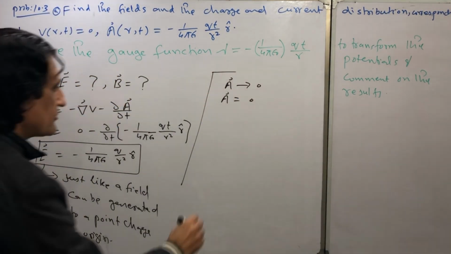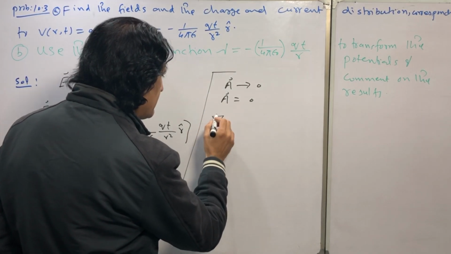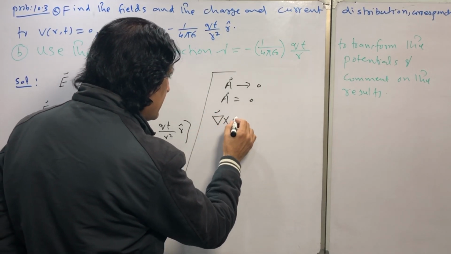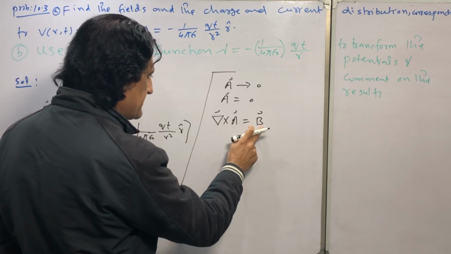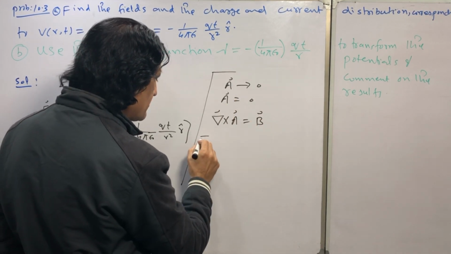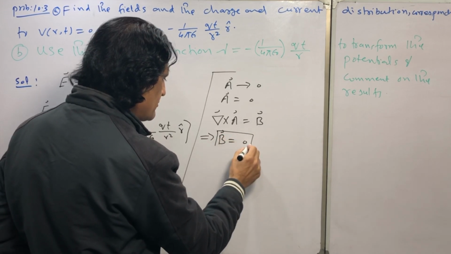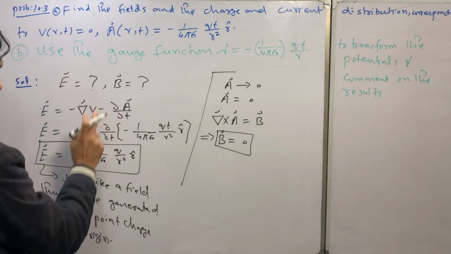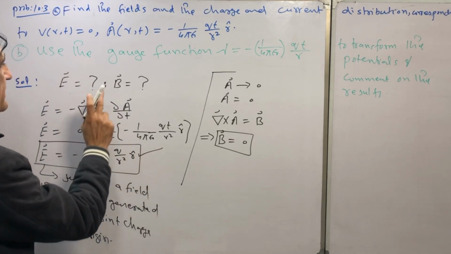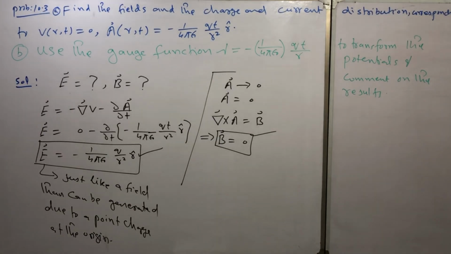And when A is equal to 0, it means that del cross A, which is equal to B, the magnetic field, is also equal to 0. So this is the electric field that we have found out, and this is the magnetic field, which is equal to 0.